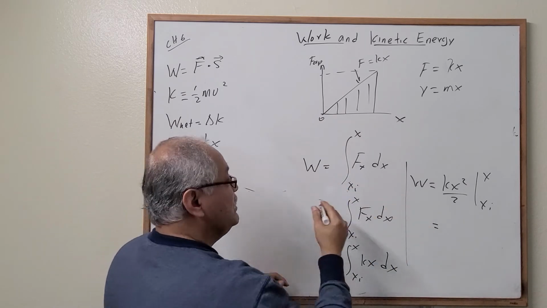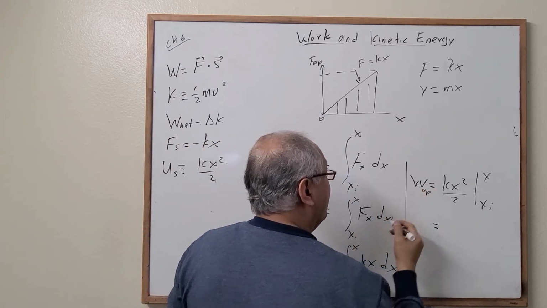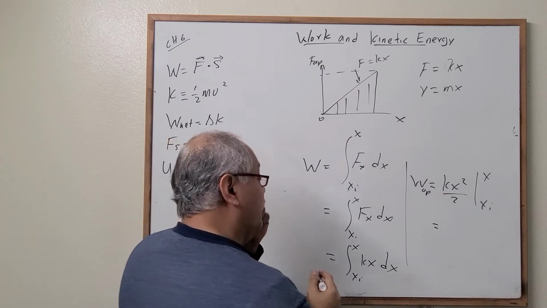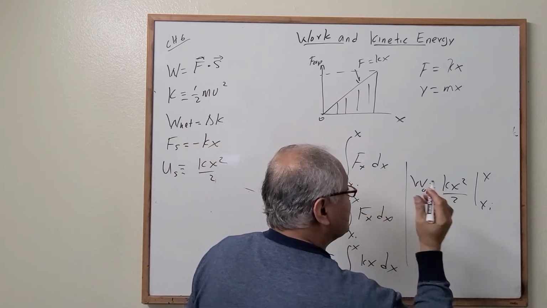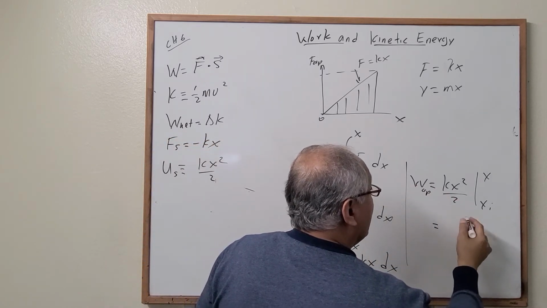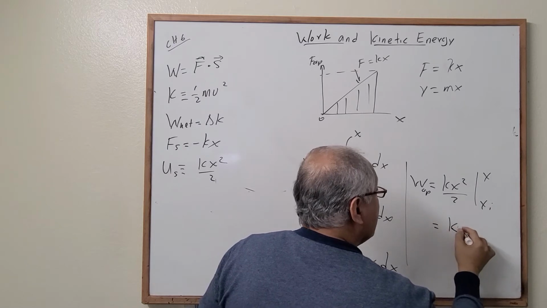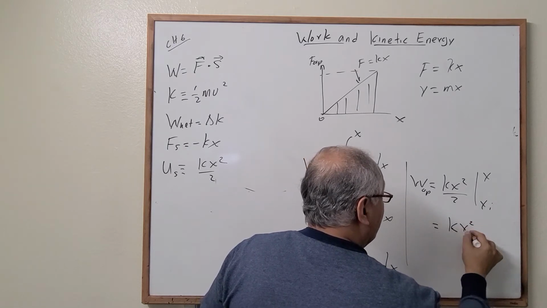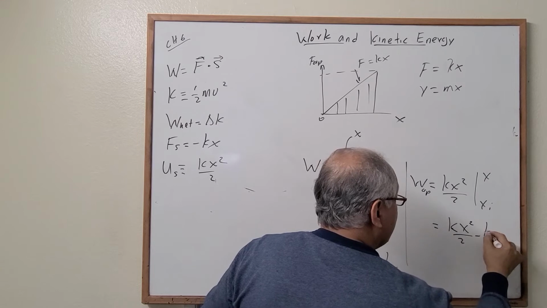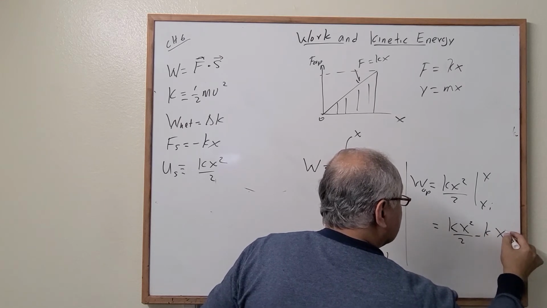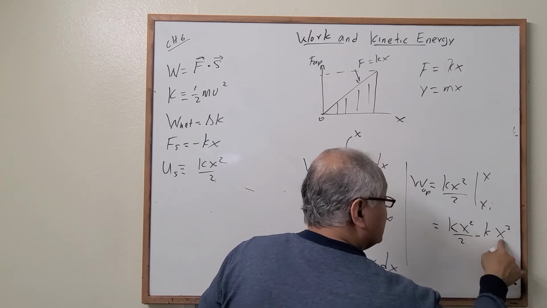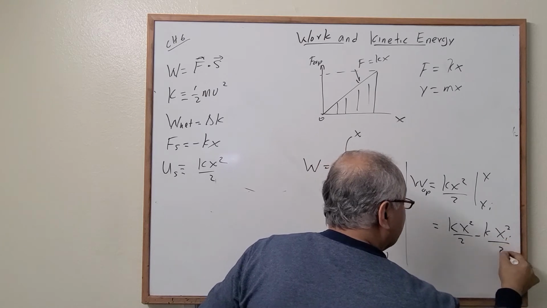This is the work done by the applied force. This is equal to k, the spring constant, final position squared minus k, spring constant, x initial squared, divided by 2.